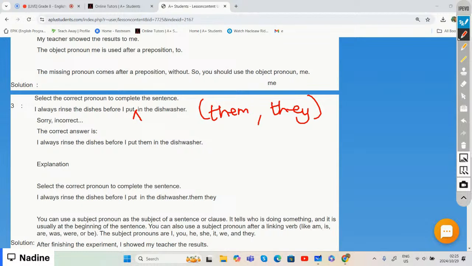And if we were to choose the correct option, it says, I always rinse the dishes before I put them away. Not they, we put them away. And them refers to the dishes. All right. So now we're going to our test.